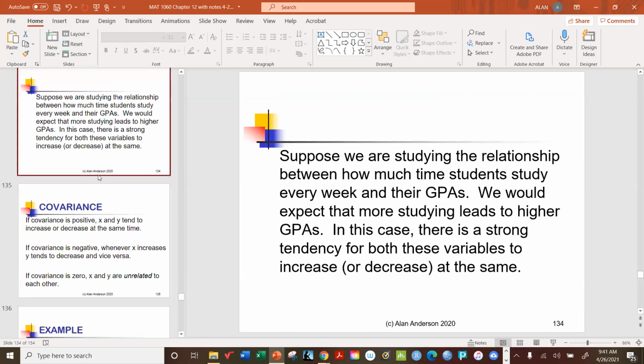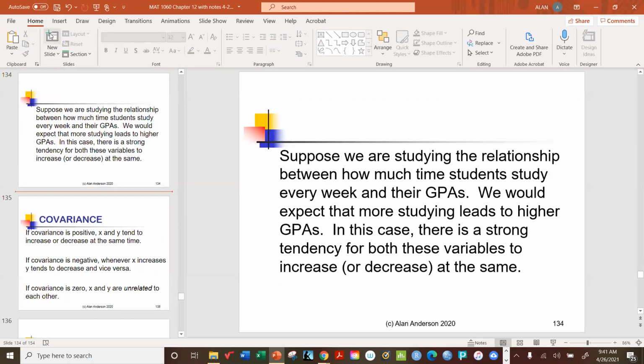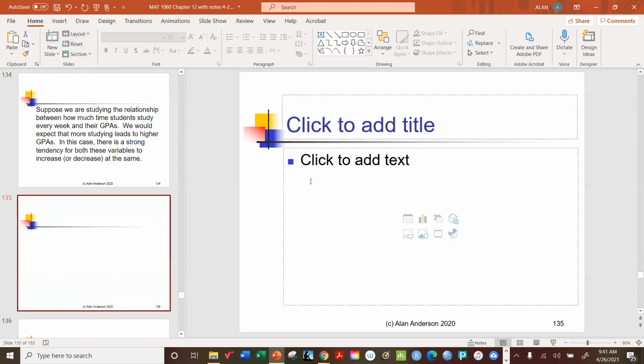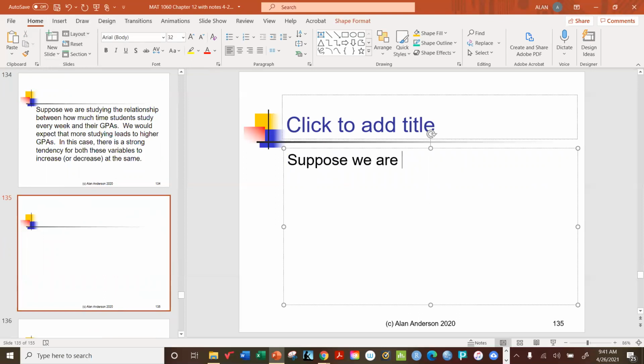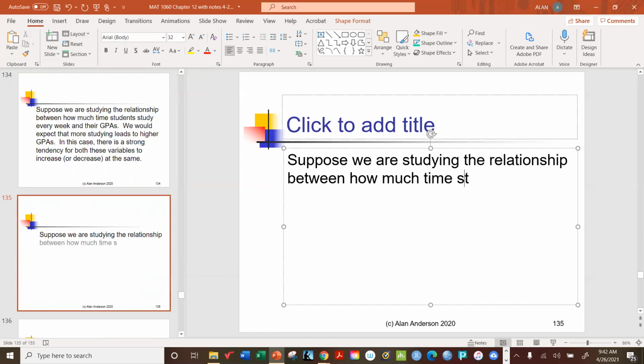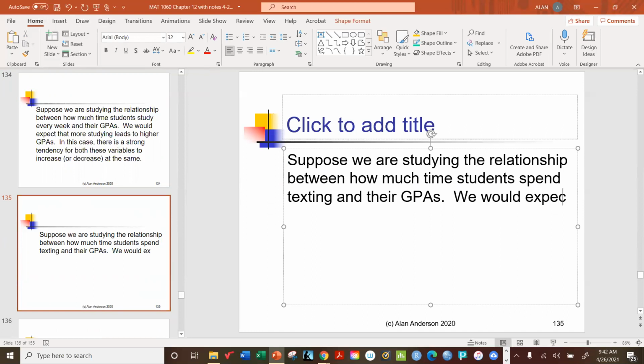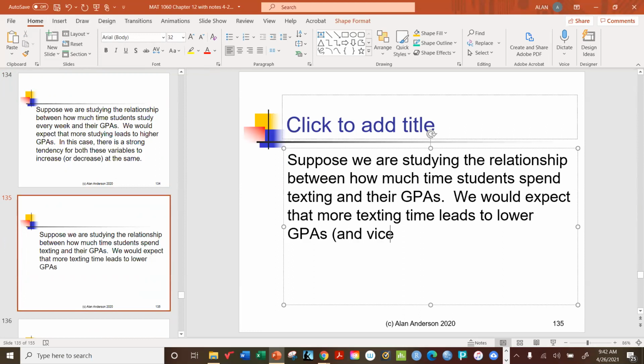On the other hand, suppose we are studying the relationship between how much time students spend texting and their GPAs. We would expect that more texting time leads to lower GPAs, and vice versa, of course.